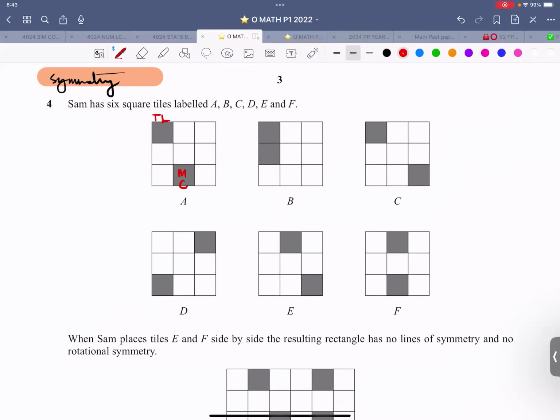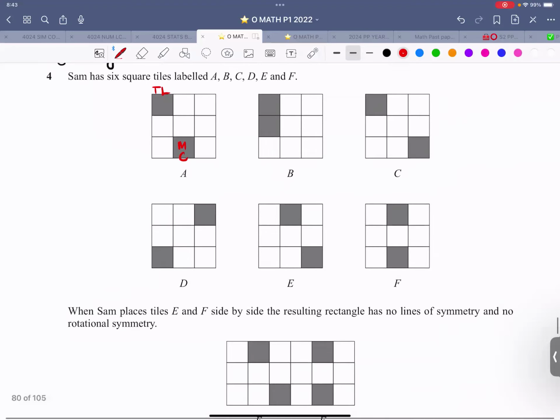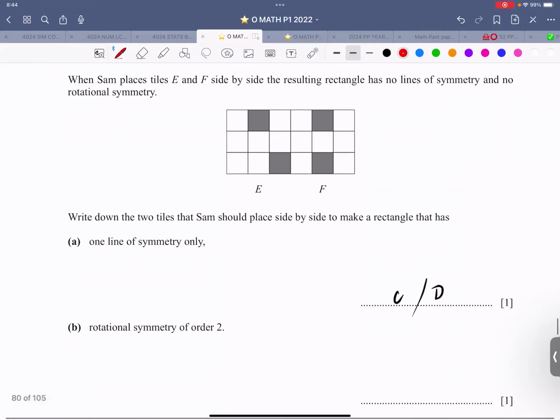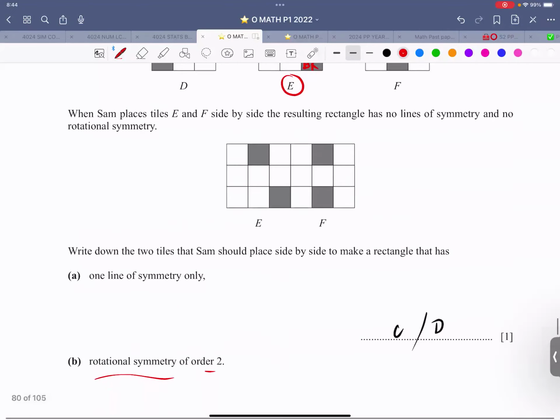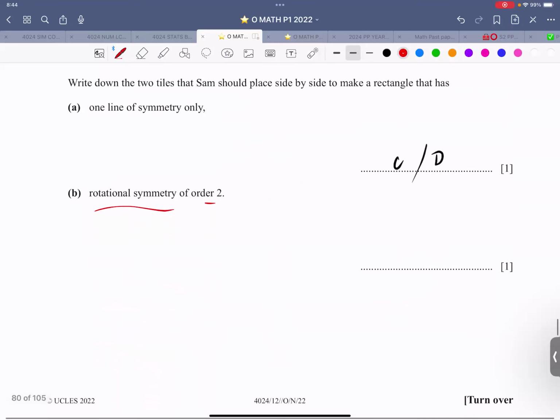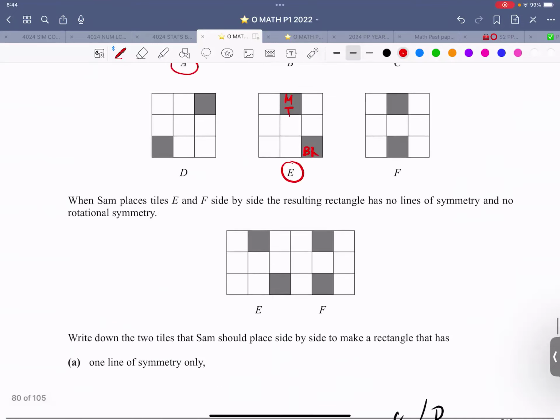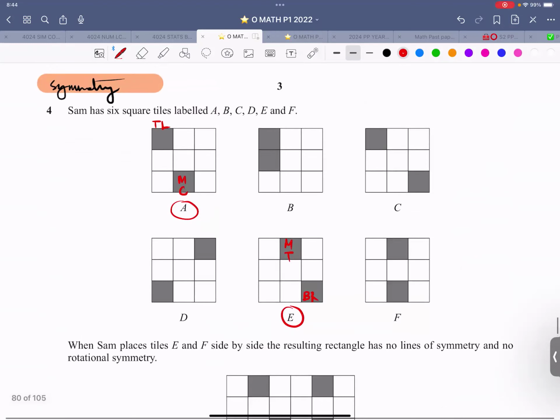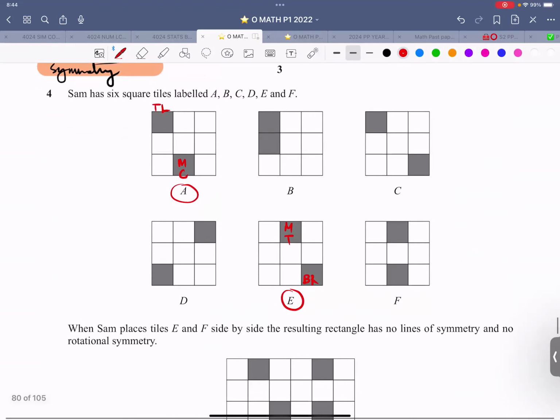If I rotate it, top left becomes bottom right, and middle center becomes middle top. So this one makes sense. A and E. Rotational symmetry of order 2 means you rotate it twice and it will come back to the original. So that is A and E. This is pure observation and kind of trial and error. You have to try that out to feel it.